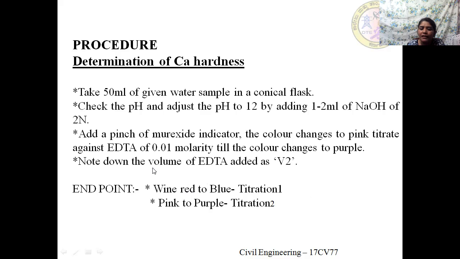Once we add EBT indicator, we get this wine red color. Once we add the murexide indicator, we get a pink color. And once it is titrated against EDTA, we get a blue color for total hardness and purple color for calcium hardness. So these are the endpoints for calcium hardness and total hardness.